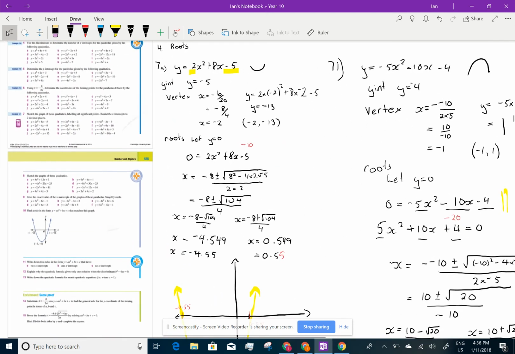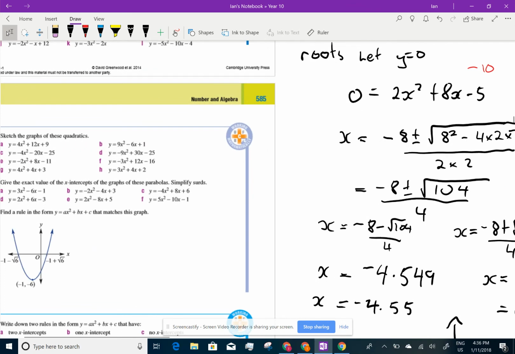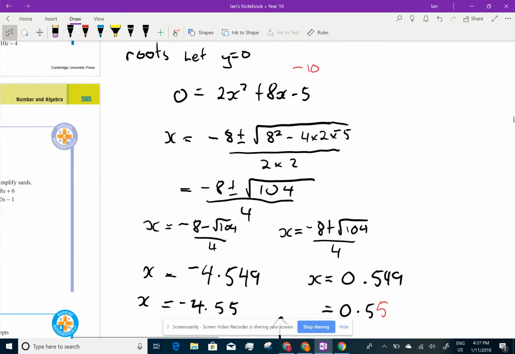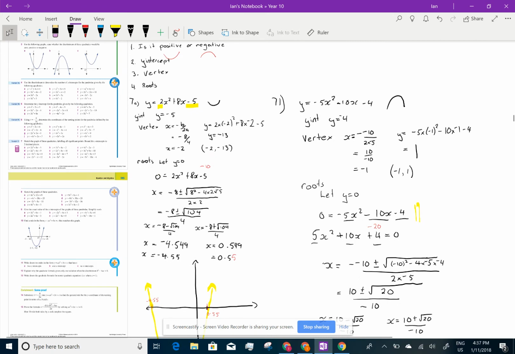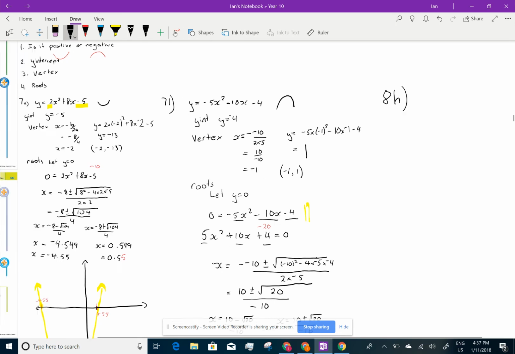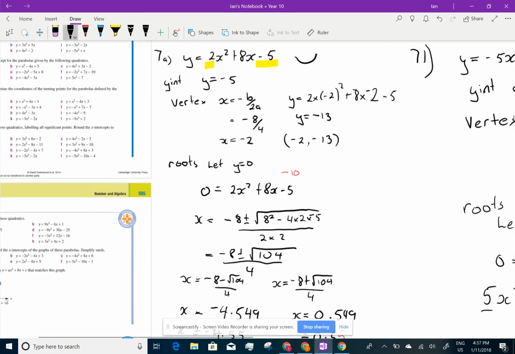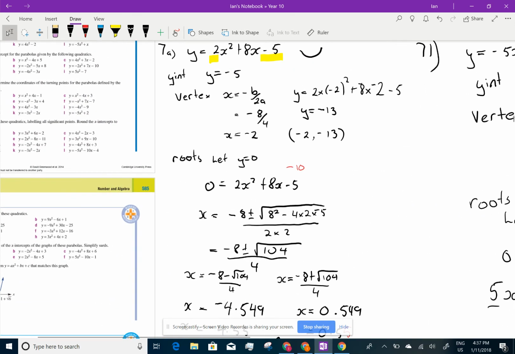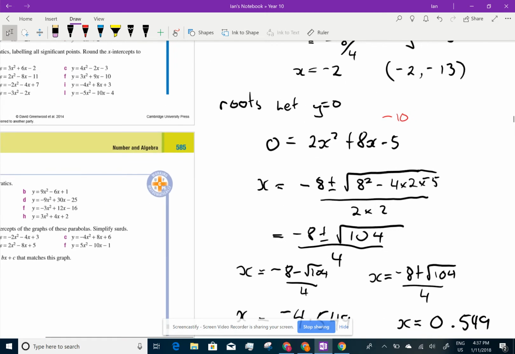So I've also asked you to do question 8. I think I'll jump in and do 8h. So here's 8h. And what do we got? y equals 3x squared plus 4x plus 2.